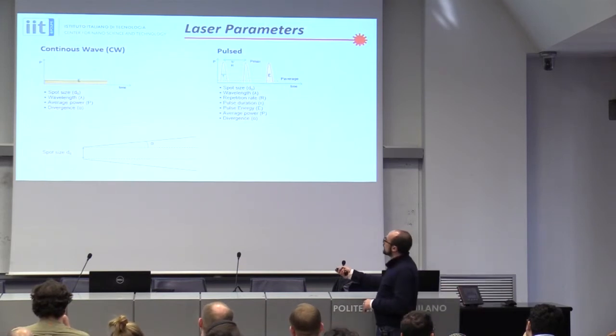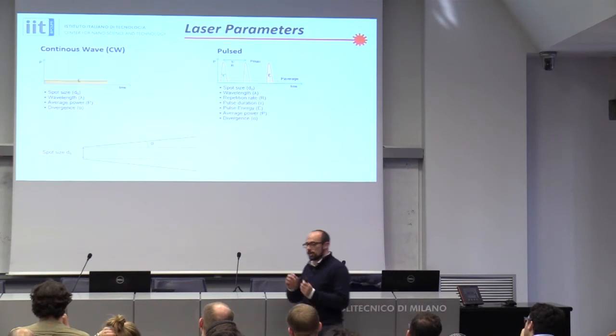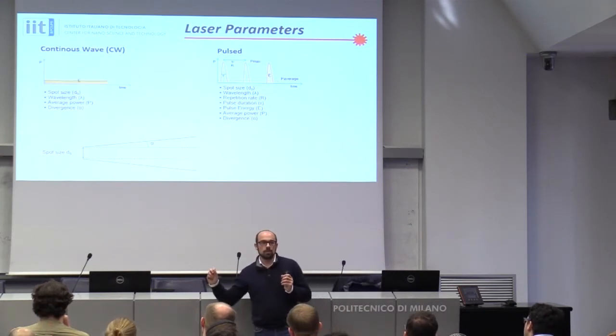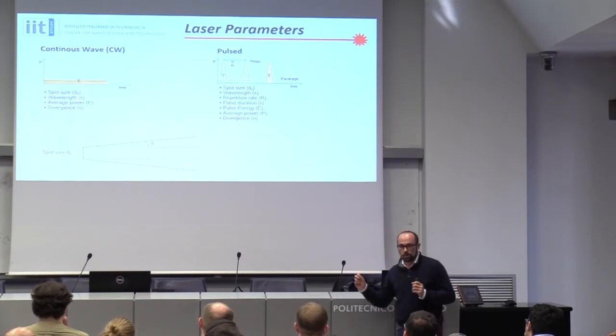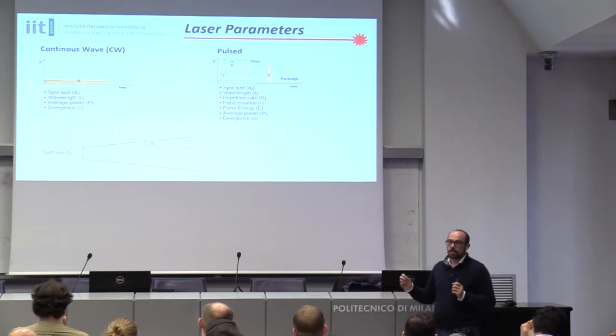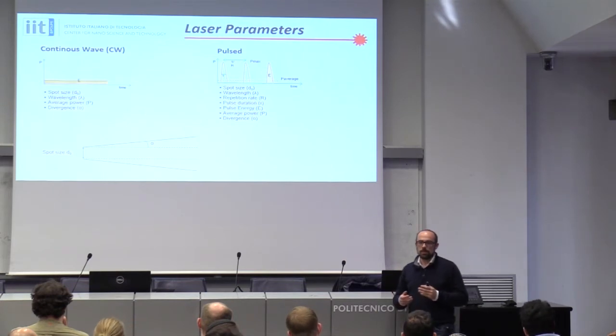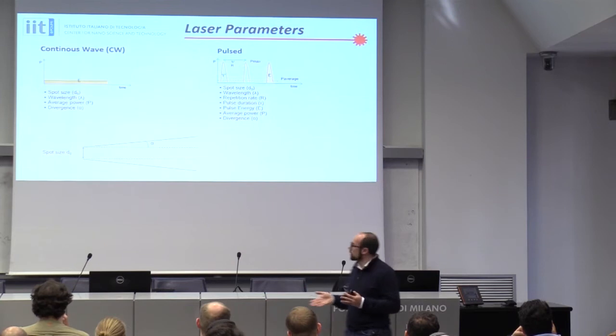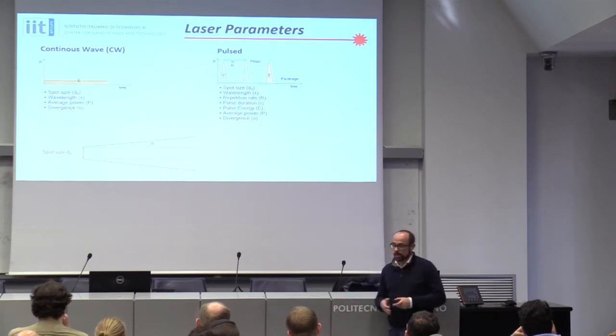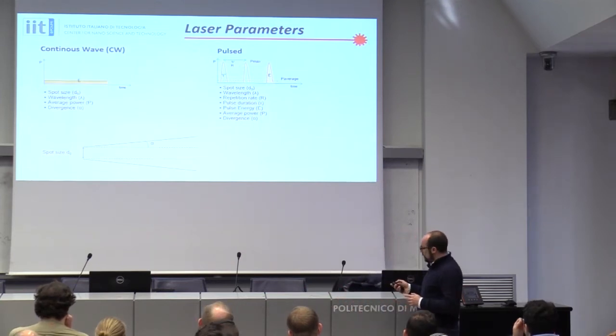And also divergence, because a very well collimated beam is going to be focused much better. So it will make a smaller focus on the retina, and it will make more damage because the radiant exposure, the term is radiant exposure, is going to be much higher. Okay. These are for continuous wave lasers.